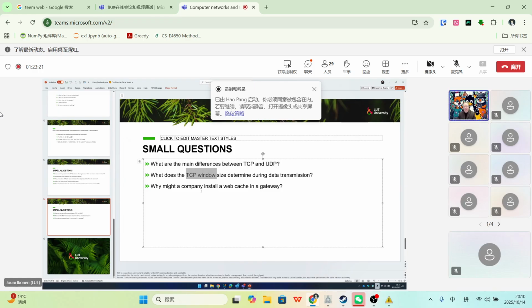So, we talked about the TCP window earlier. What does it actually tell us for our connection? The speed. It determines the transmission speed.